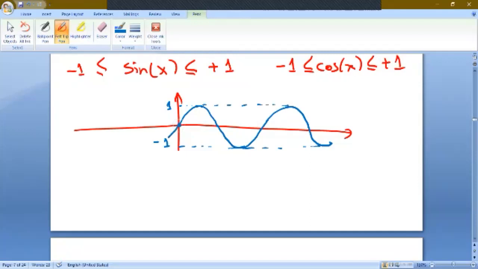Or it can go the other way around. So it can get at least minus 1, at most plus 1.